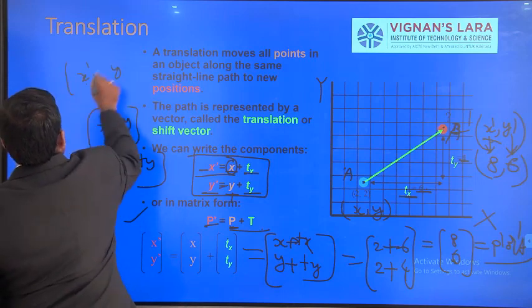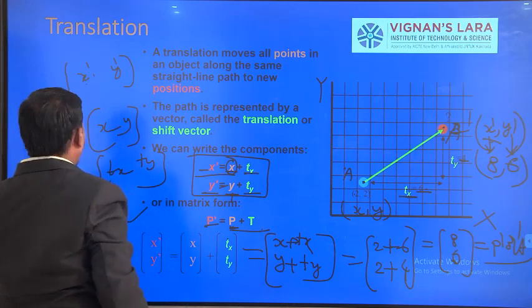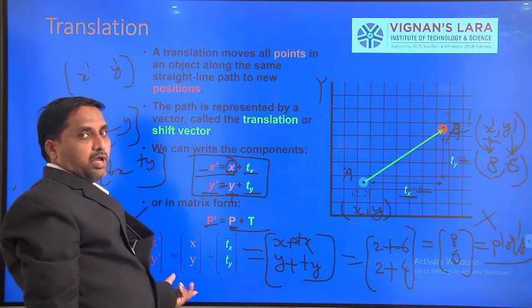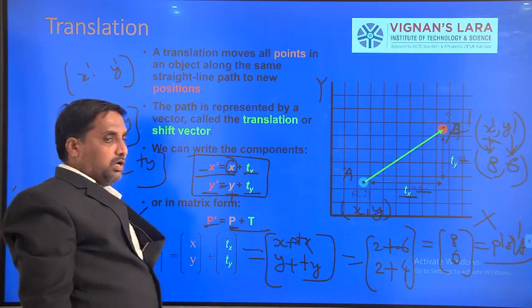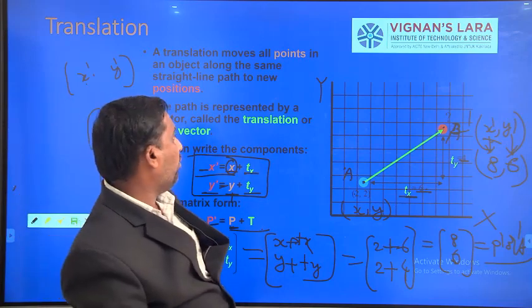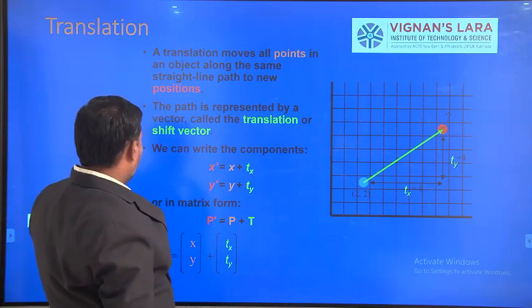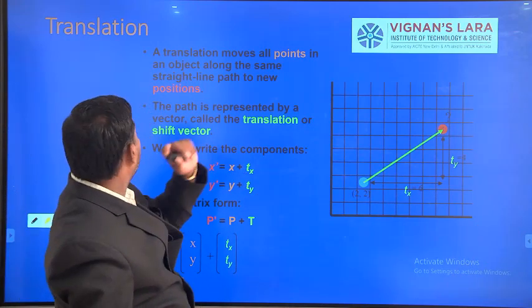You can represent it like this also, or in a column matrix. In this process, I am following the vertical representation of the coordinates. If you follow that one, nothing will go wrong. So you have to follow this one for translation.